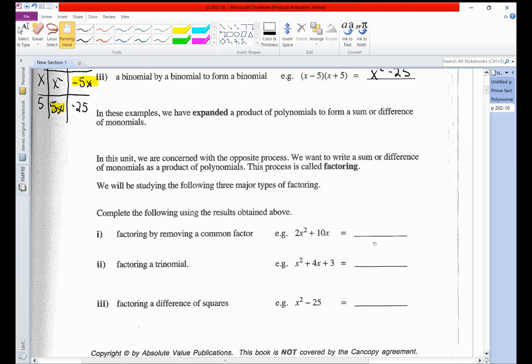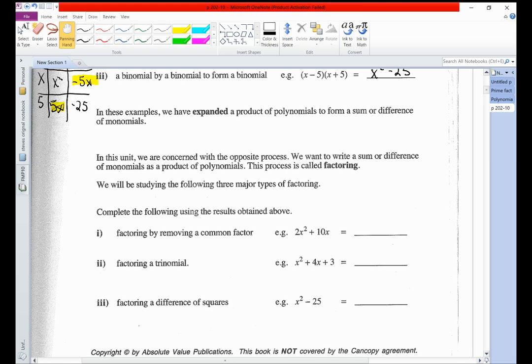So those are the expanded forms, and you can see they've brought them down here. Expanding that first example, 2x times x plus 5, gave us 2x squared plus 10x.